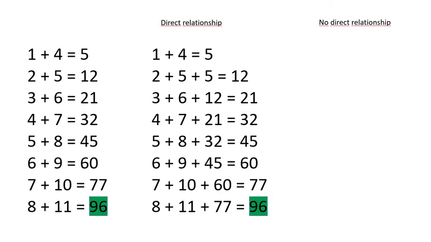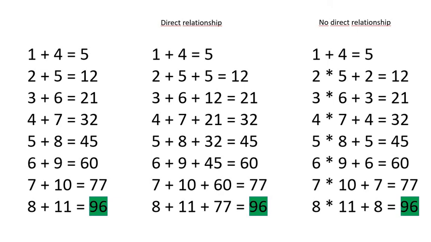We have 2 plus 5 plus 5 is 12. Then we take the 12 as a basis for the solution of the next equation. 3 plus 6 plus 12 is 21. 7 plus 4 plus 21 is 32, 5 plus 8, and so on and so forth. And we get a result of 96. And concerning the no direct relationship, well, the result is 96.